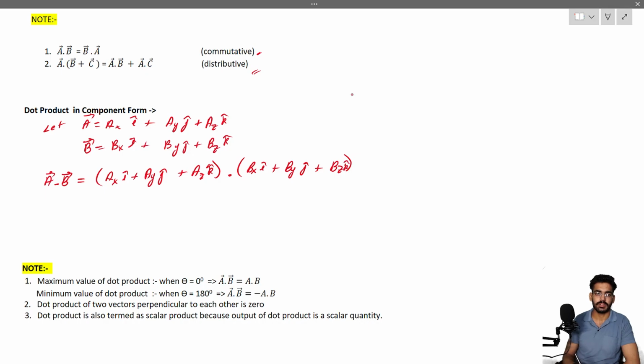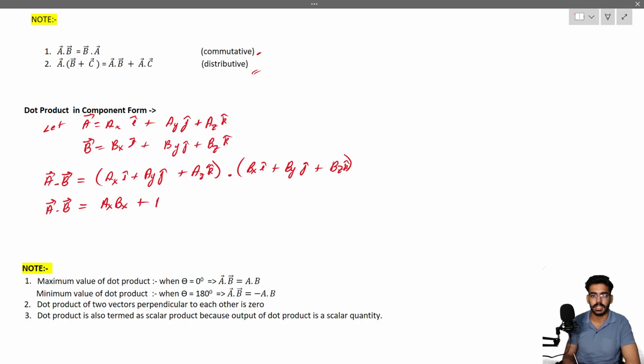So expand this. If you do the dot product, what will you get for a vector dot b vector? If you see here, you will do i dot i, that is going to be 1, so ax bx. When you do i dot j, that is going to be 0. i dot k is going to be 0. Then j dot i is 0. j dot j is going to be 1, right?